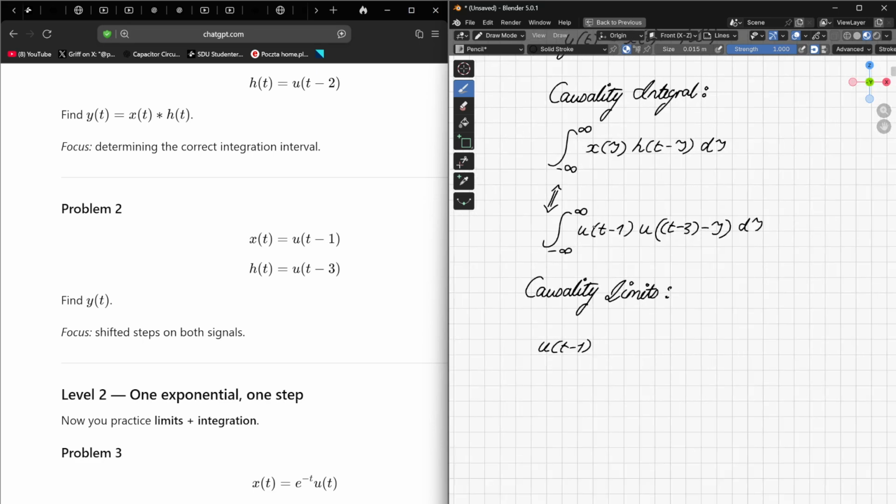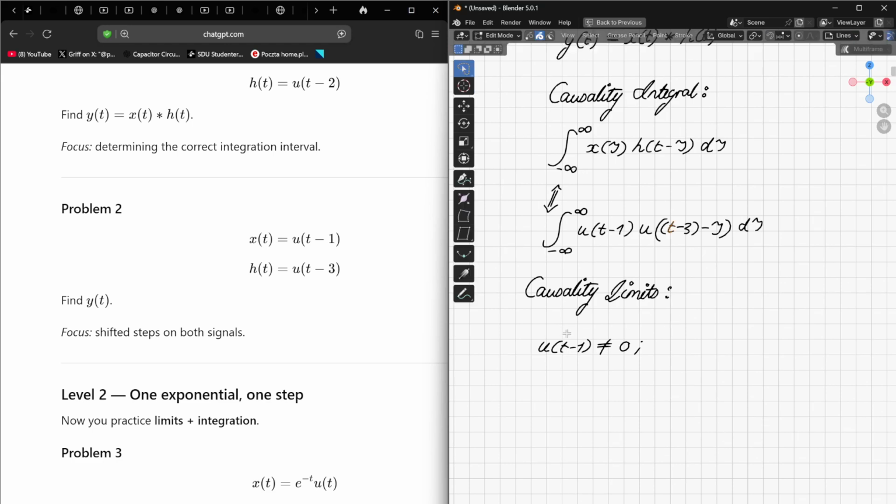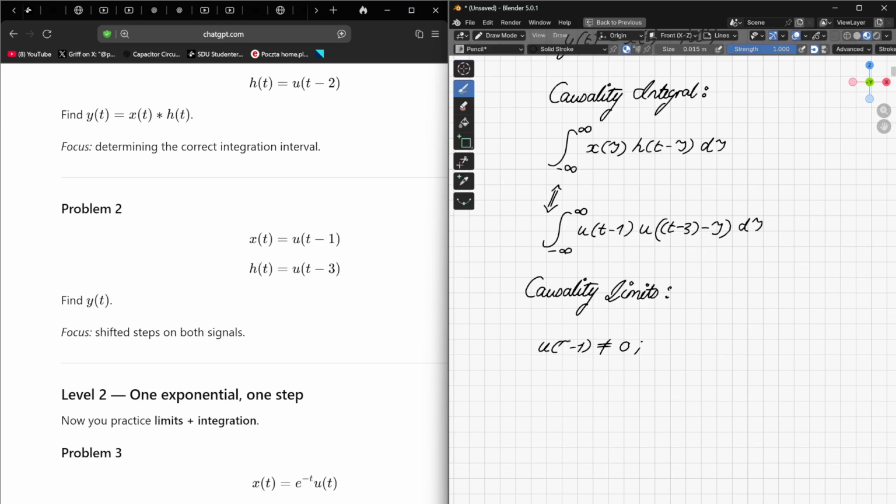I don't know whether to make this tau minus 1. Oh well. Let's just do t minus 1, does not equal 0 when... You know what, I actually think it might be, because there needs to be a tau in here, right? So tau minus 1.